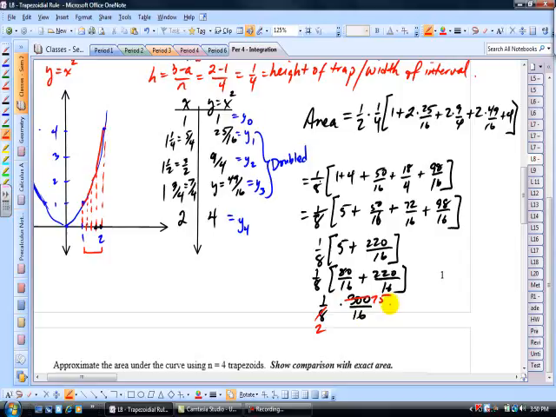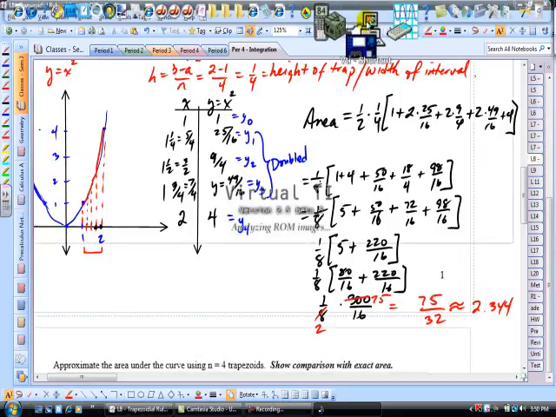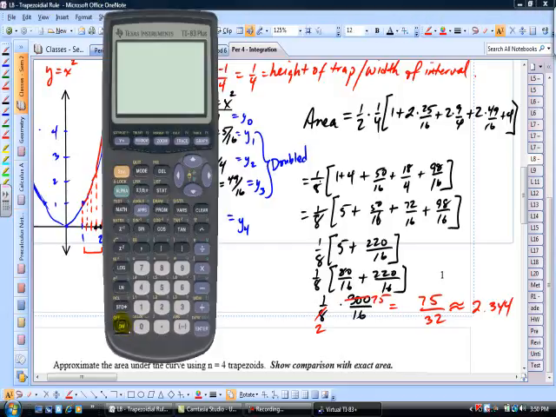Okay, and so what we get is 75/32, and that's approximately 2.344. Now, if you didn't believe me, let's just make sure. Let's get the calculator here, let's turn it on. All right, 75 divided by 32 is 2.34.